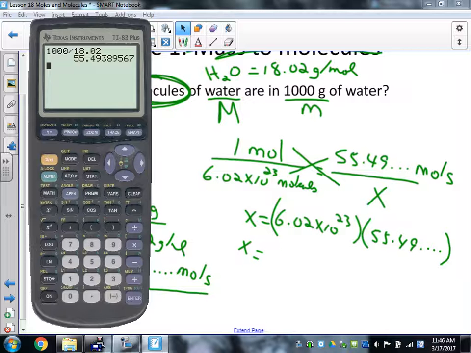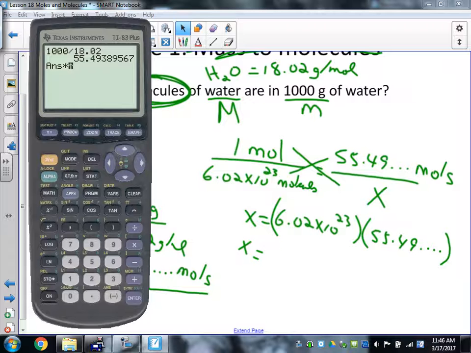So it looks like I have to multiply this number here times 6.02 times 10 to the 23. And maybe you guys know this, maybe this is silly for me to say, but if you got one of these, you can just literally hit the times button, and it already takes the answer from above, yes? Or if you get an answer and you want to use it somewhere else, you can do second negative.